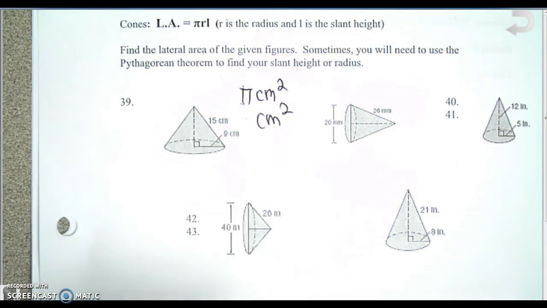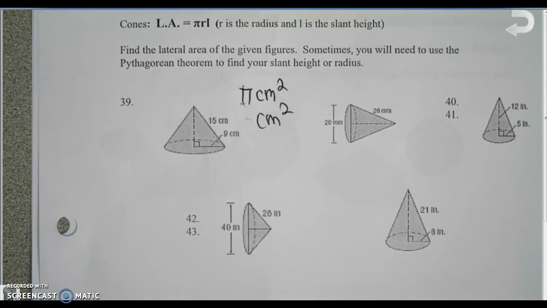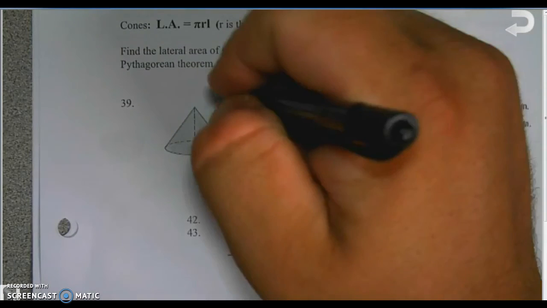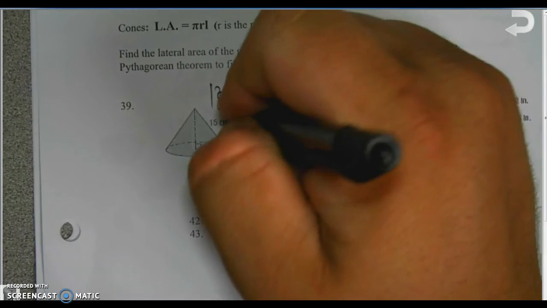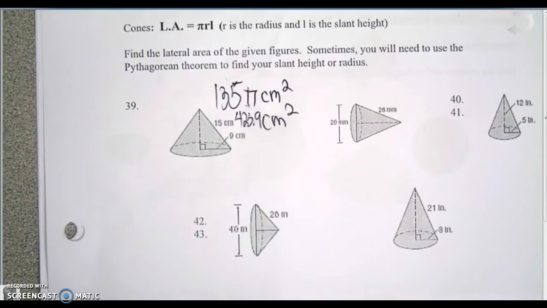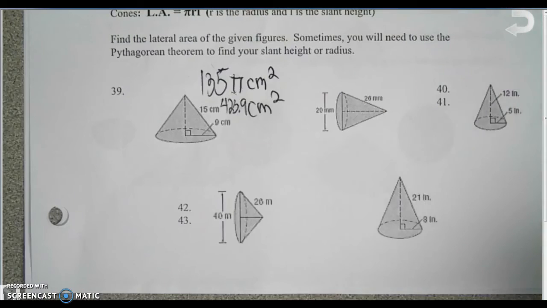For this cone, my first answer would be 135 pi, and my second answer would be 423.9 centimeters squared. Okay, so go ahead and do that for those 4.